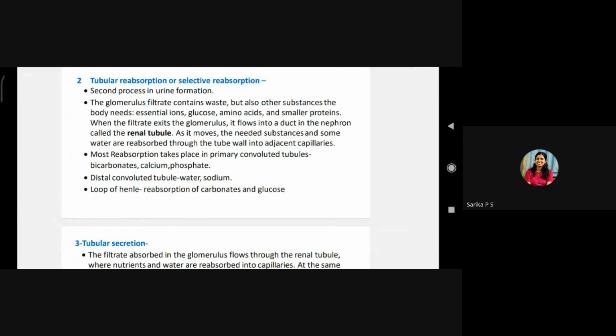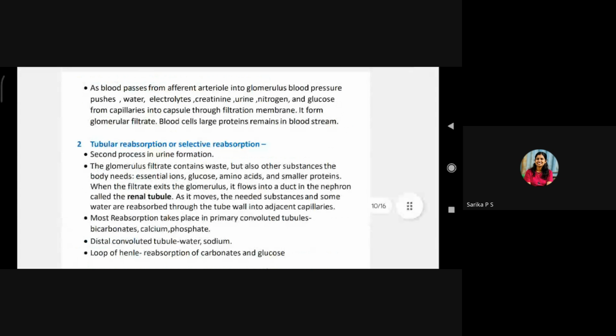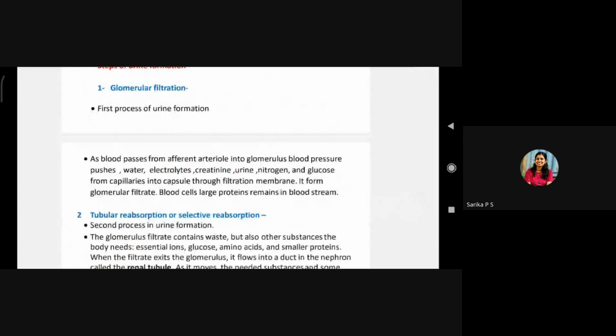So, what does glomerulus basically do? It filters those small particles which have been semi-permeated from blood vessel to glomerulus. And what were those? Water, electrolytes, creatinine, urea, nitrogen, and glucose.